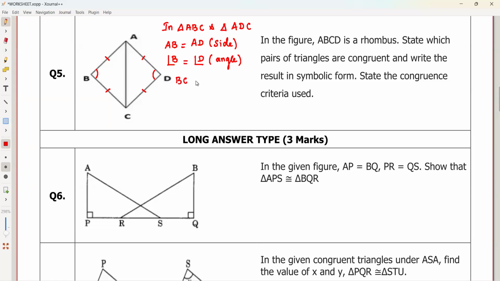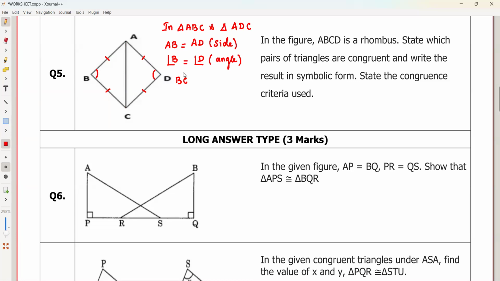Sir, can we write AC? AC also we can write, or BC also we can write. If you are writing AC, what rule will apply? Here angle is here, side is here, side is here. Do we have angle side side? No, sir. One angle given must be in between the two sides, right? Side angle side only we have as a criteria.